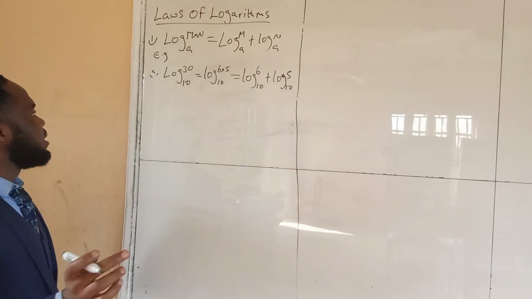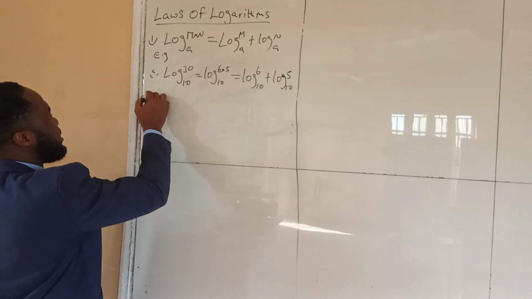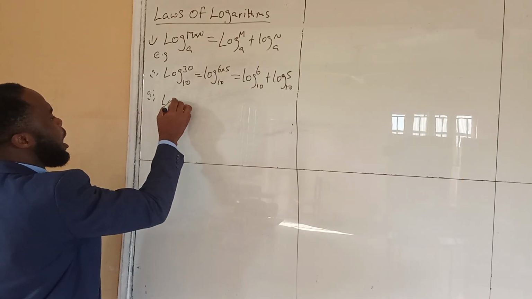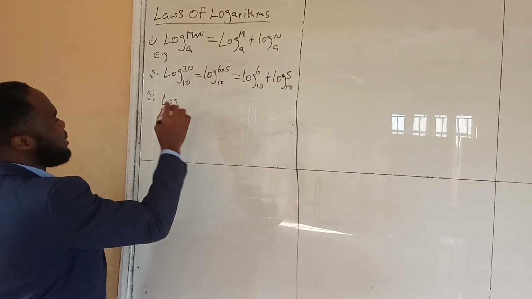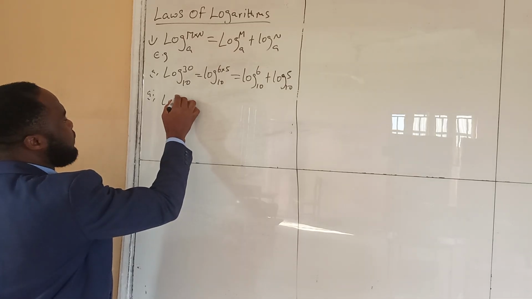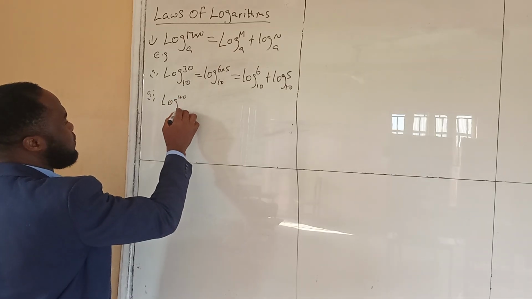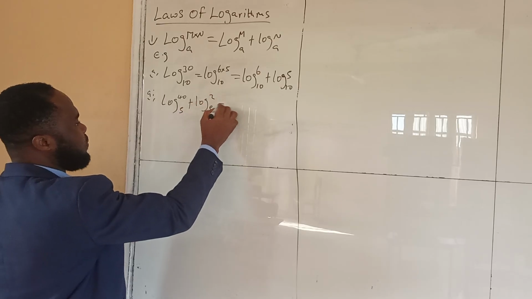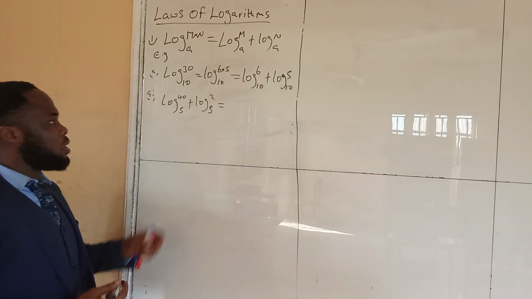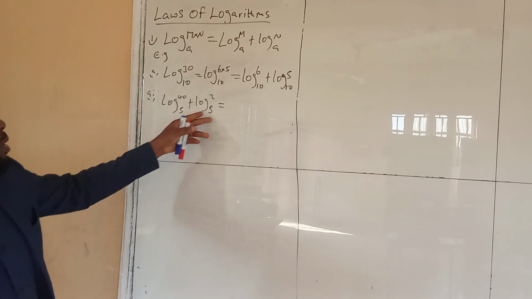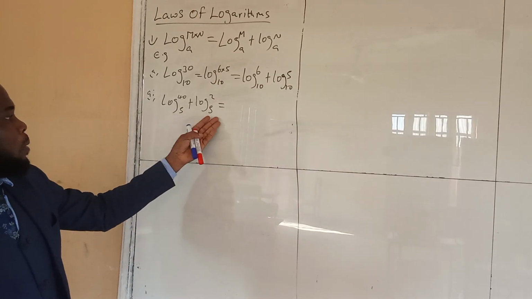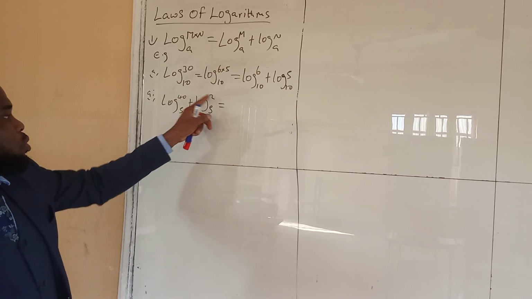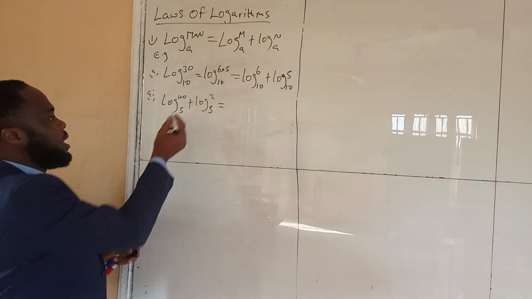Right? Good. Another example here, when I also have log of, let's say, 40 to base 5 plus log of 2 to base 5, and we want to couple this together, provided we have common bases, we need to multiply their numbers.